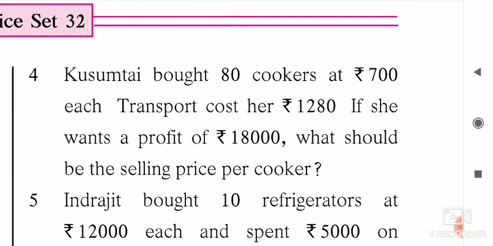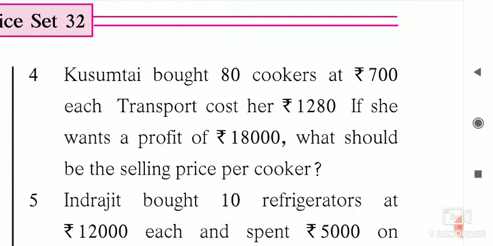She spent 1280 rupees on transport. If she wants a profit of 18,000 rupees after selling 80 cookers, what should be the selling price per cooker? That we have to find out.